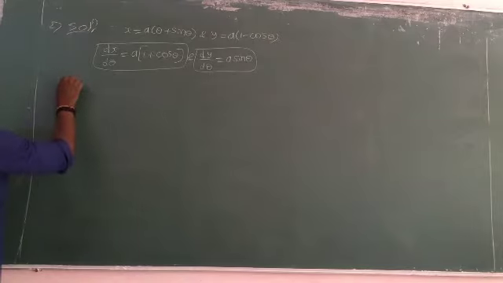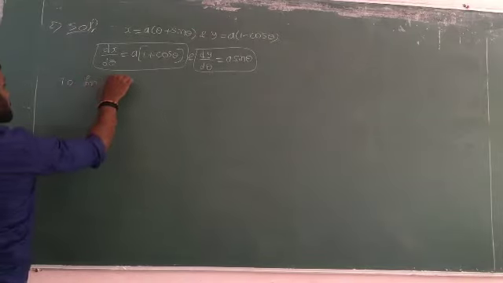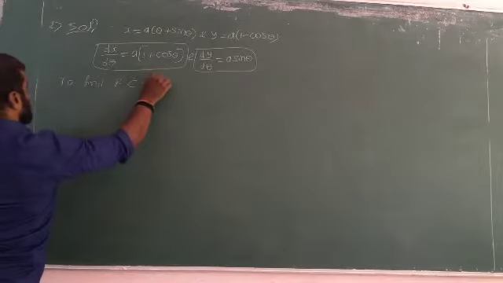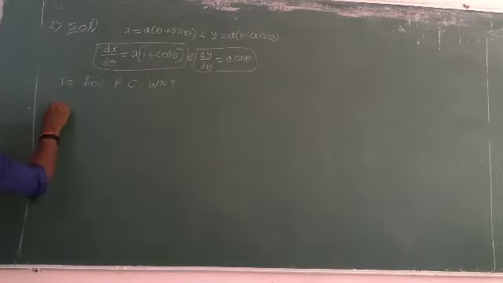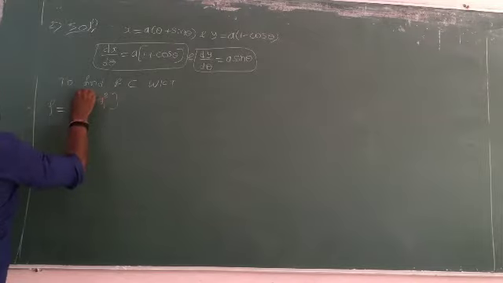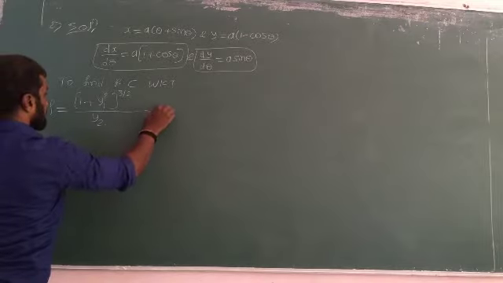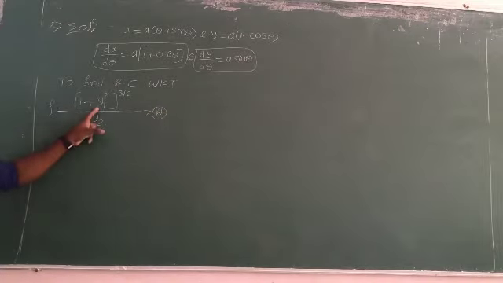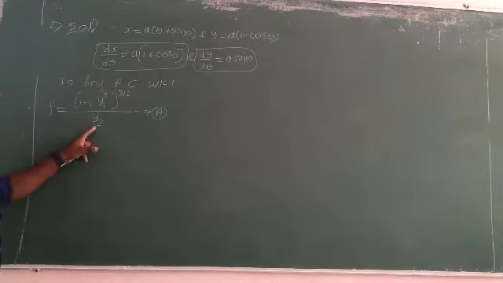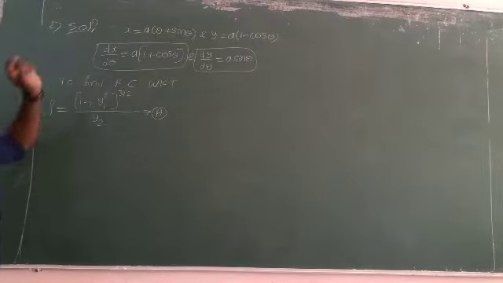To find the radius of curvature, we know the formula: rho is equal to (1 plus y1 square) raised to 3 by 2 divided by y2. Call this equation A. I want the value of dy by dx and d square y by dx square, but it is in the form of dx by d theta.